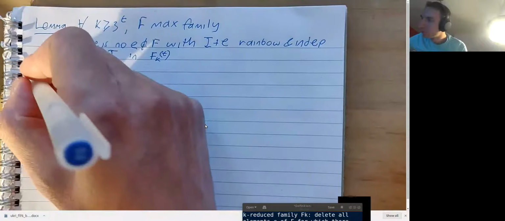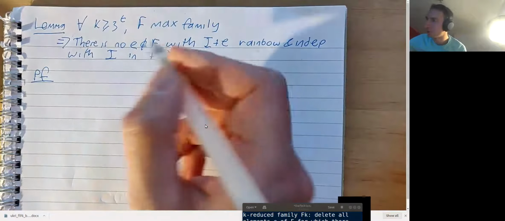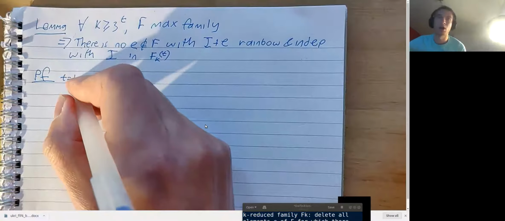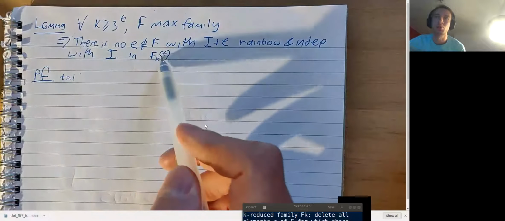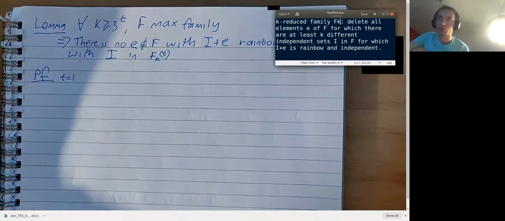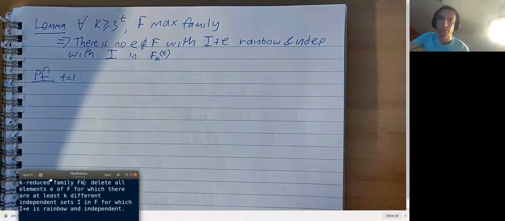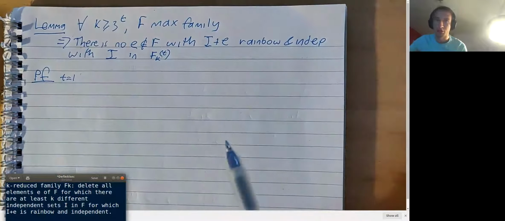Okay, so let's talk about the proof of the lemma. I'll show you the proof for t equals 1, and I'll talk about how it works in general. t equals 1 means you just do the reduction operation once, just what's written here, rather than iterating it.